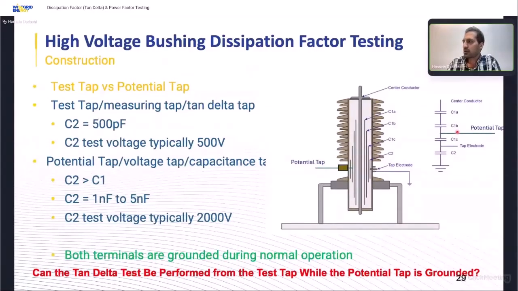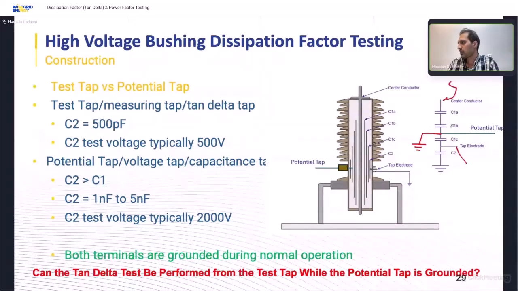Normally, when a bushing has both potential and test tabs, both tabs are grounded by the cap. So when we ground the potential tab from here, we normally open the test tab electrode that we want to measure. But suppose that the potential tab is grounded, we forgot to open the cap, and we apply the voltage from here and want to measure from the test tab.